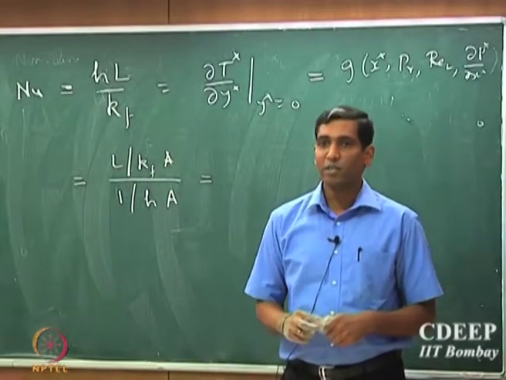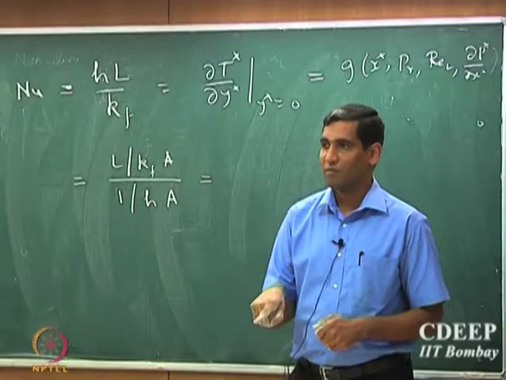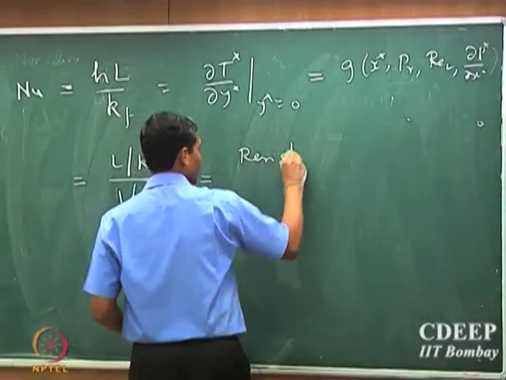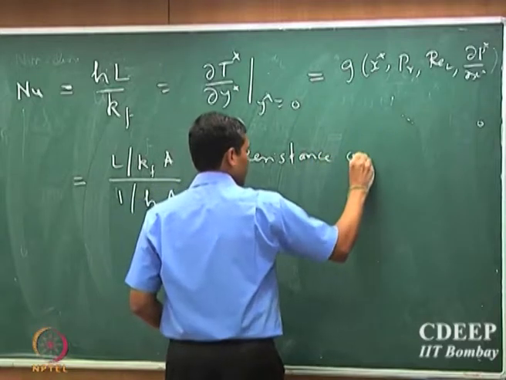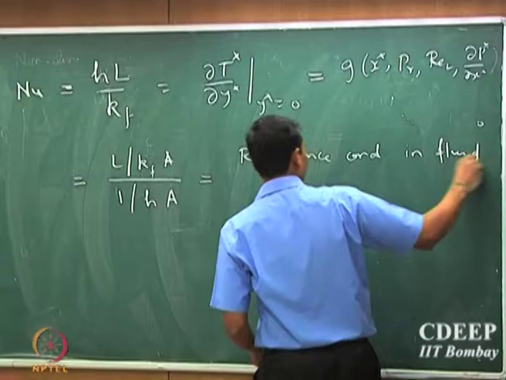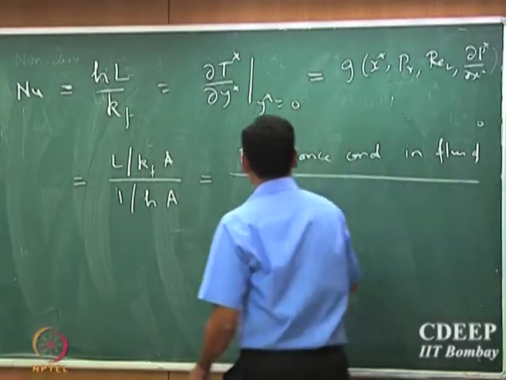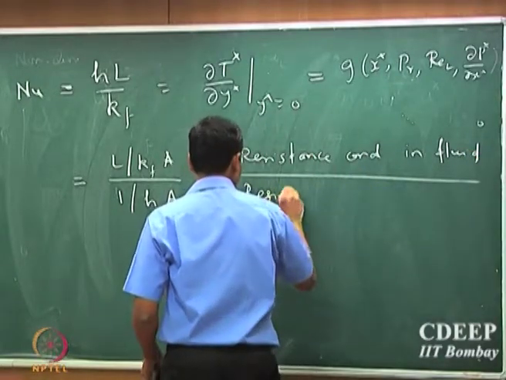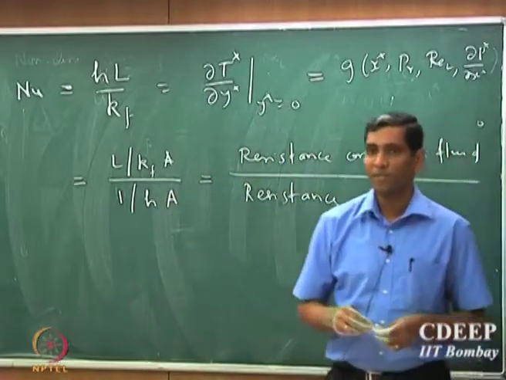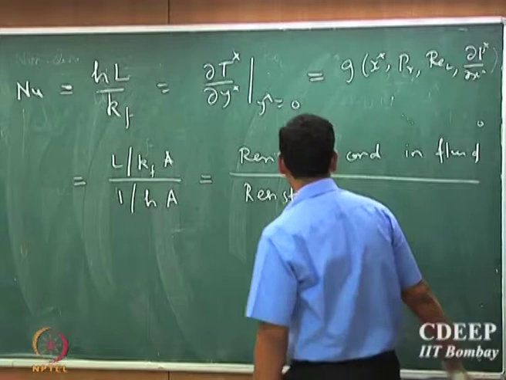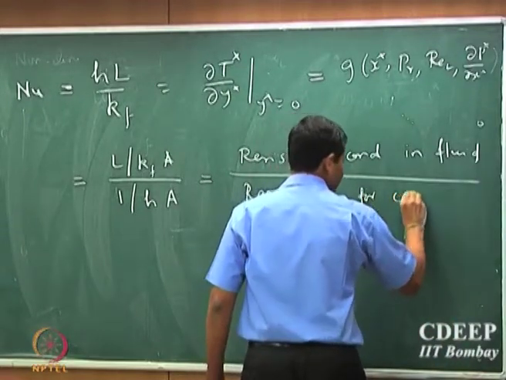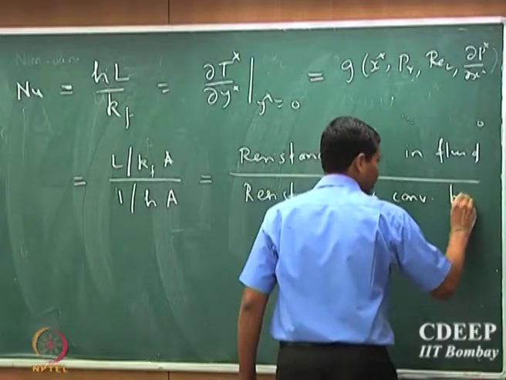That is the resistance for conduction in the fluid. Okay. So that is the resistance for conduction in the fluid divided by the resistance for, what is 1 by hA? So it is the resistance for convective heat transport.